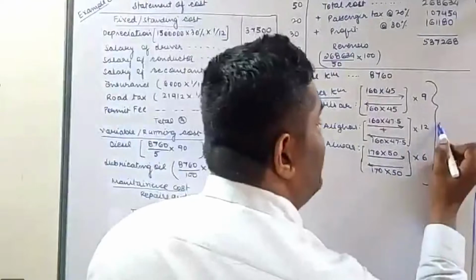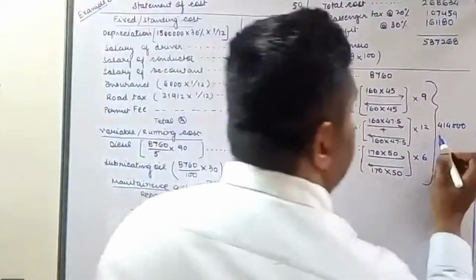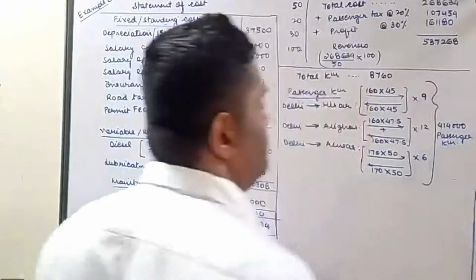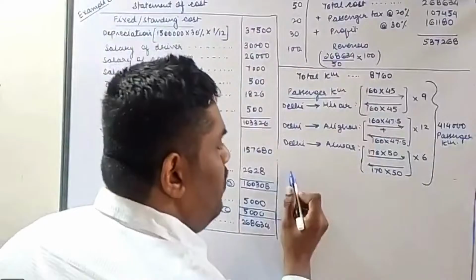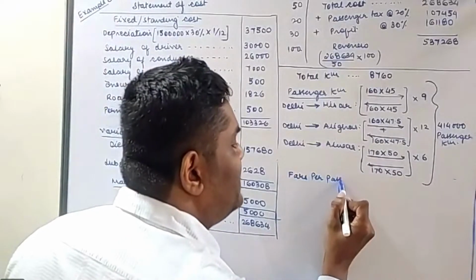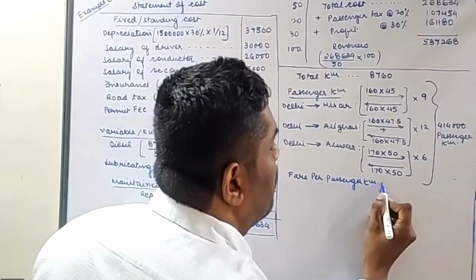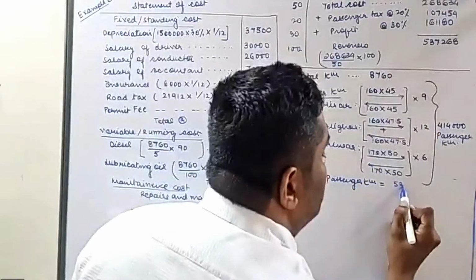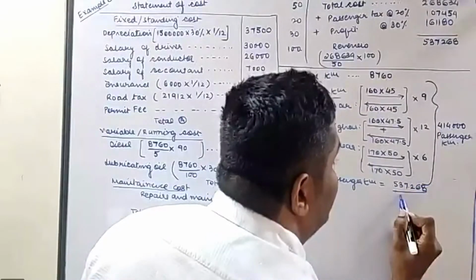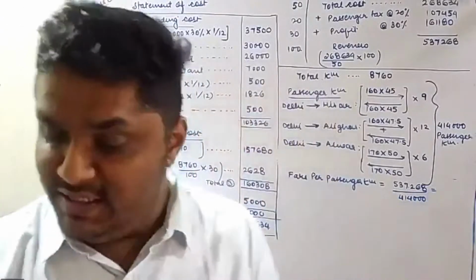So 4,14,000 passenger kilometers. So now the revenue, or we can say fare per passenger kilometer, will be how much? 537,268 divided by 4,14,000.